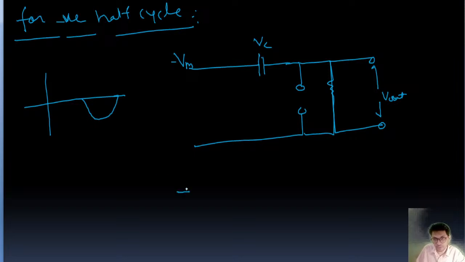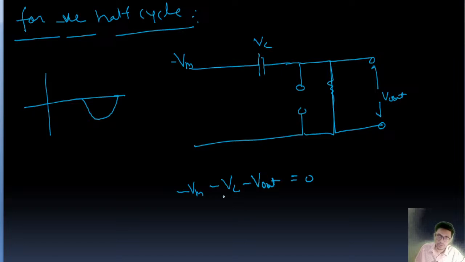So this is going to be minus Vm minus Vc in this loop, minus V output, that is going to be 0 in this loop.